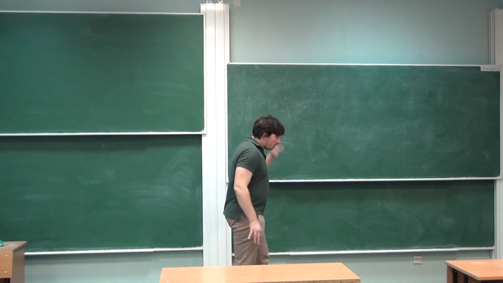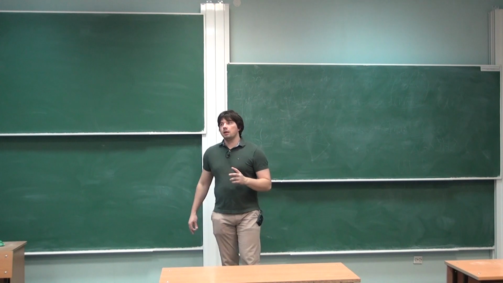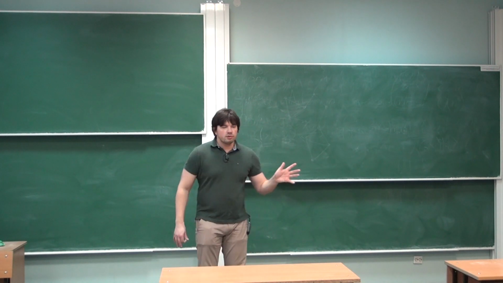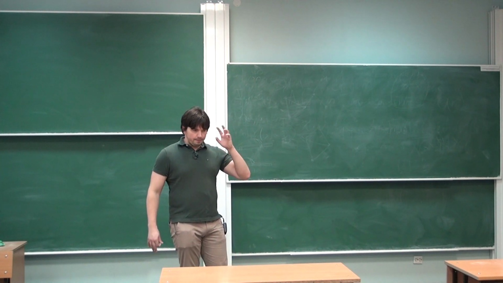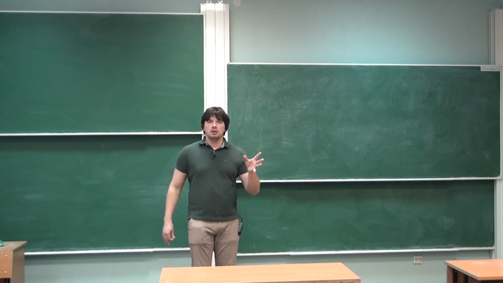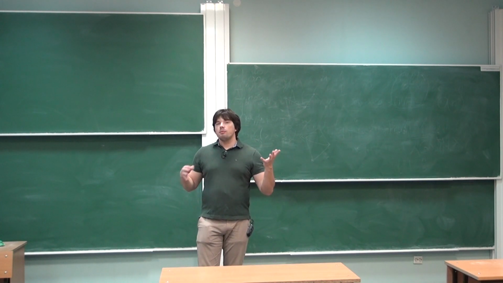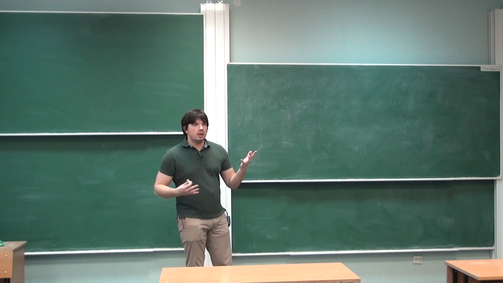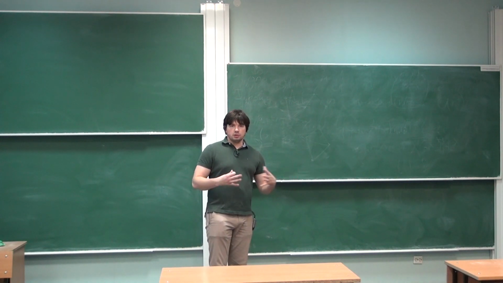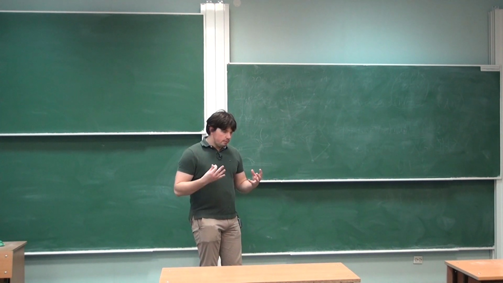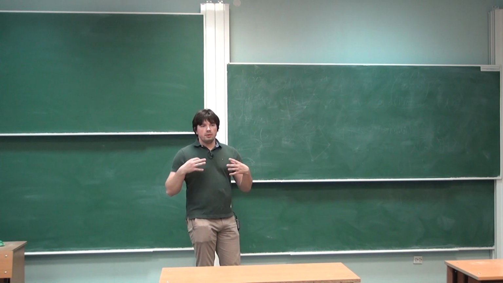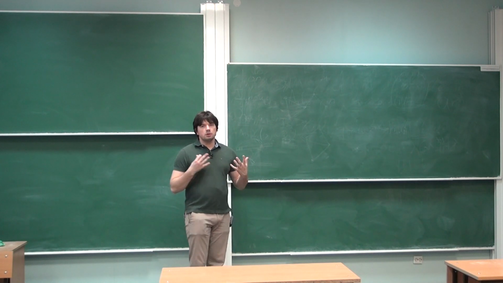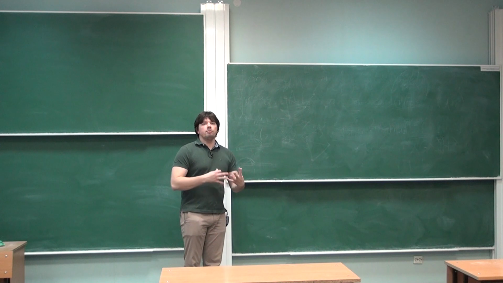So randomized algorithms could be of several different kinds. They all have the same thing in common. They use an additional source of randomness that allows them to do things with the input that are not determined by the input, right?